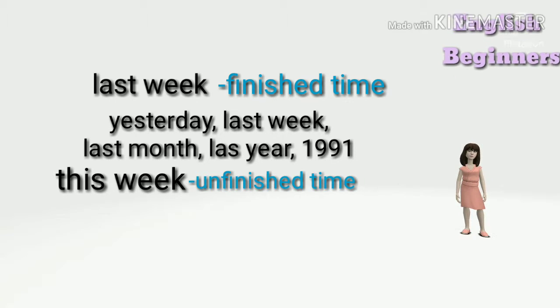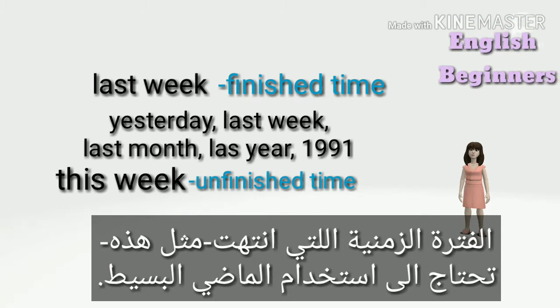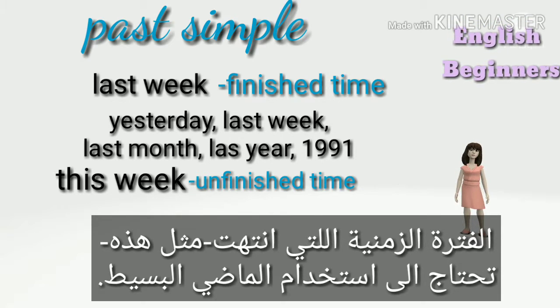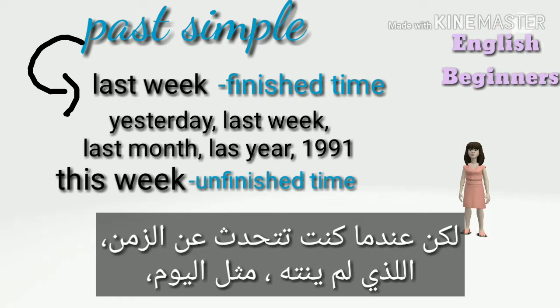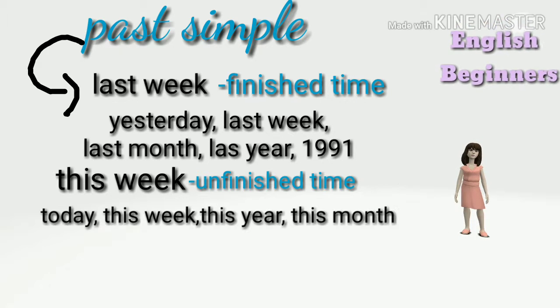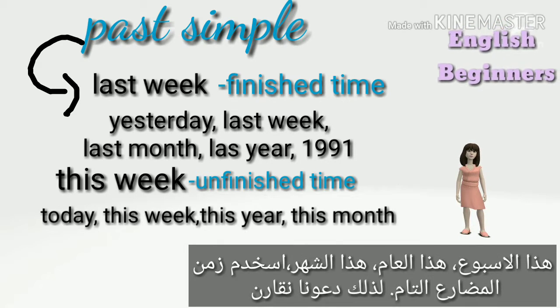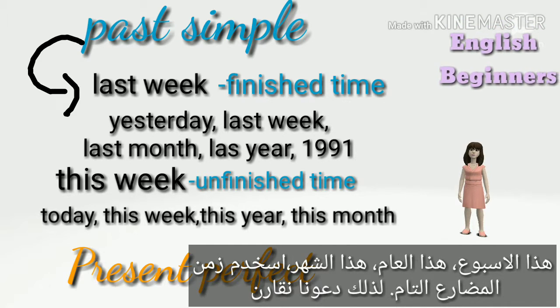When you're talking about a time period that has finished, like these, you need to use the past simple. But when you're talking about a time period that is unfinished, like today, this week, this year, this month, use the present perfect tense.